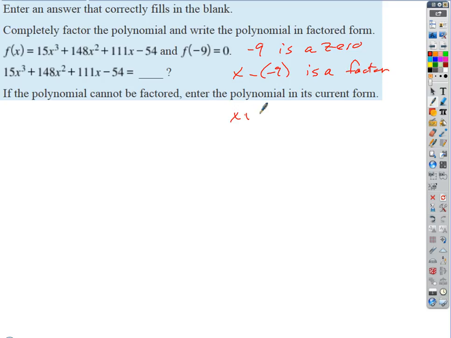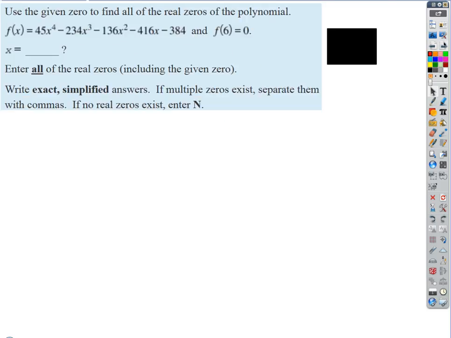So we get x plus 9 as one factor, and then we would just divide that through synthetically. What's going to be the degree of the polynomial we get if we divide this big f of x by x plus 9? It's going to be quadratic, isn't it? So it's going to be the same situation as before. Either it's going to factor easily or it's not. Okay. All right, so we're not going to do that one.